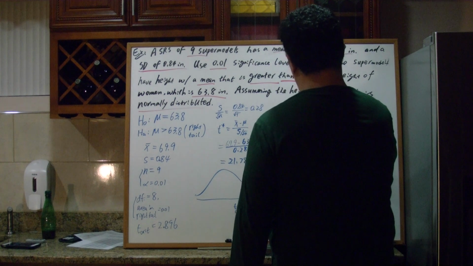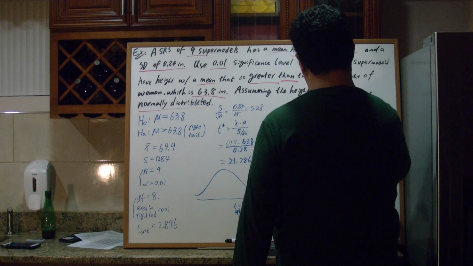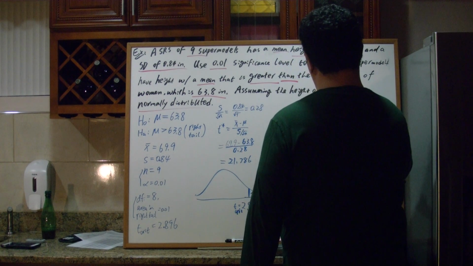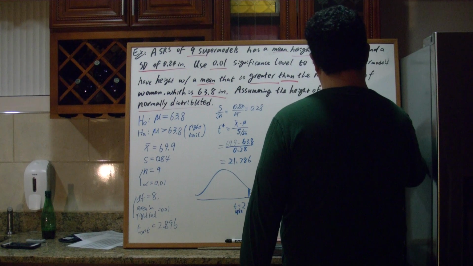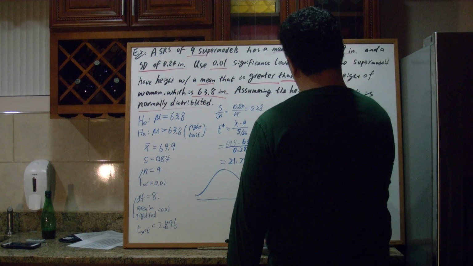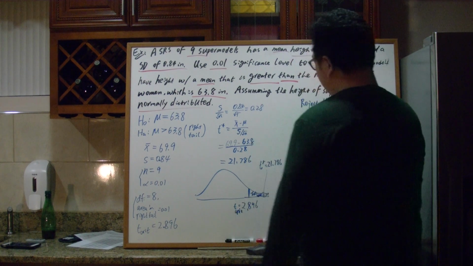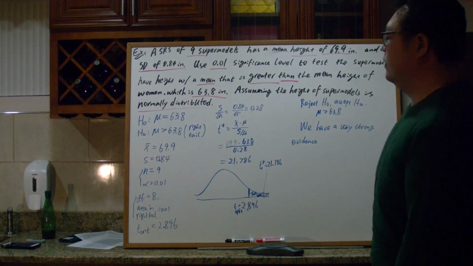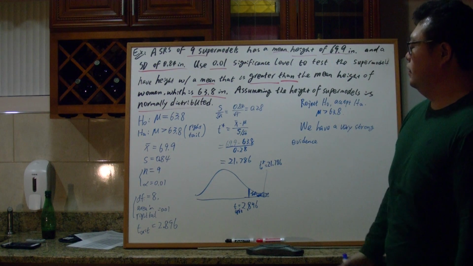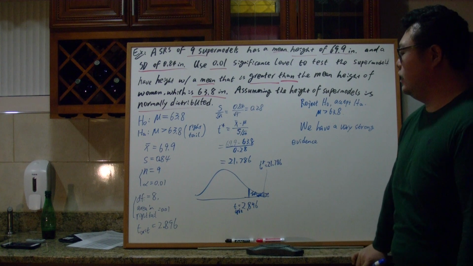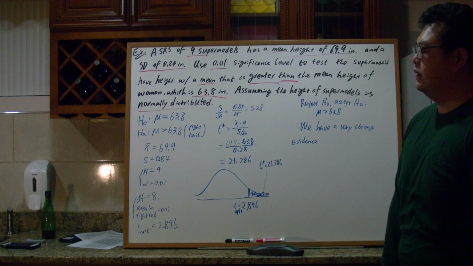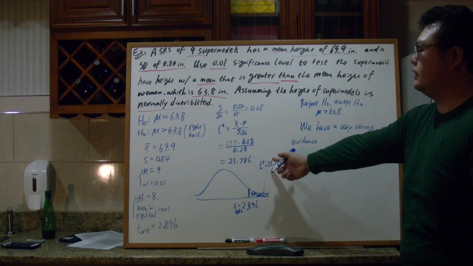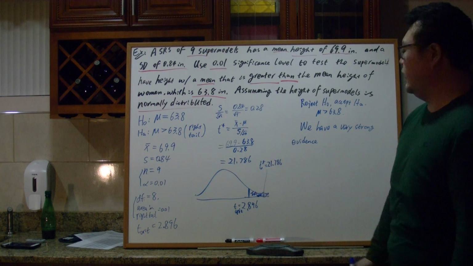So we have very strong evidence. The words we're using here are "very strong" because the test statistic is too far away from the critical value.